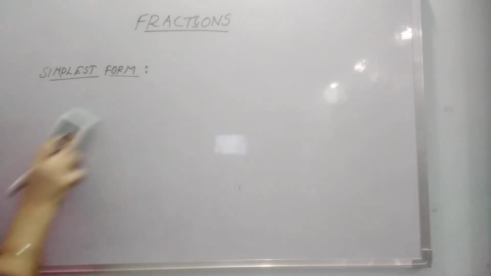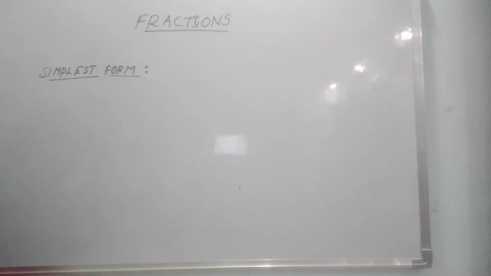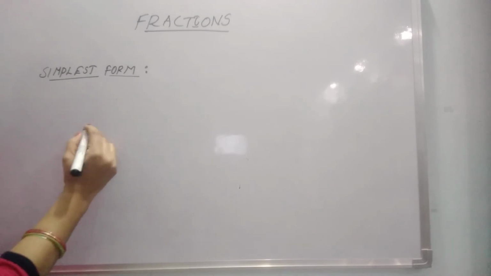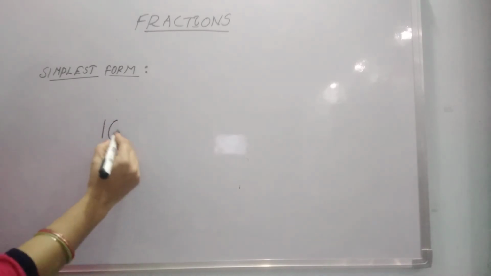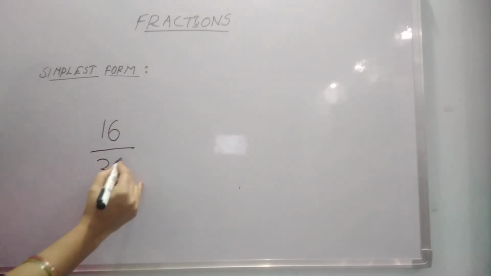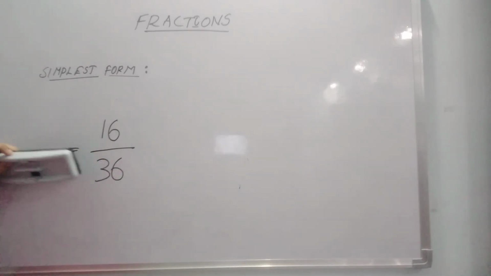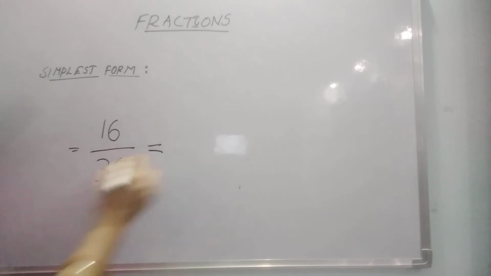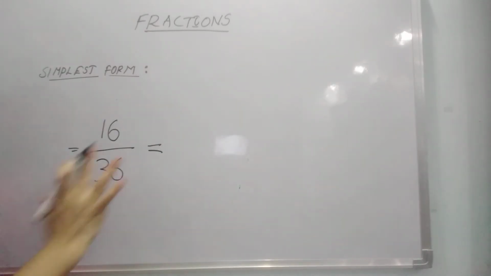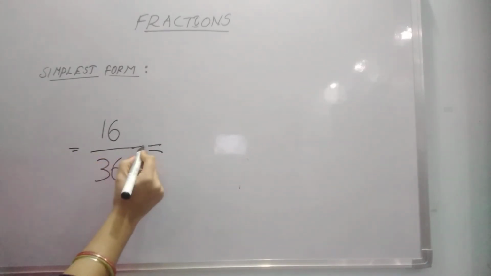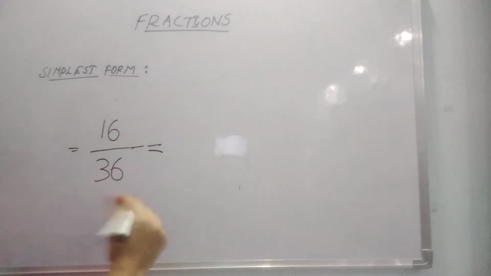If you take another example, 16 by 36, how can you write this fraction in simplest form? You divide both numerator and denominator by the same number.